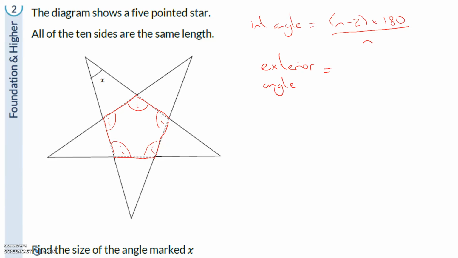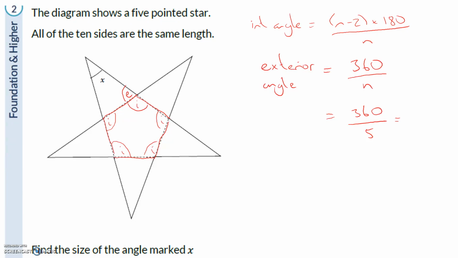So the exterior angle of a regular polygon, in other words, this is the external angle, is 360 divided by the number of sides. So all we've got to do here to work out the exterior angle of this regular polygon is 360 divided by 5.